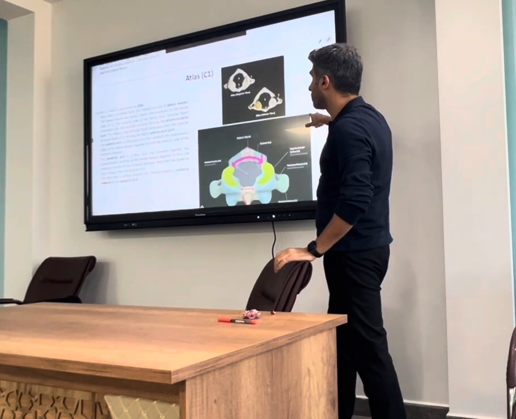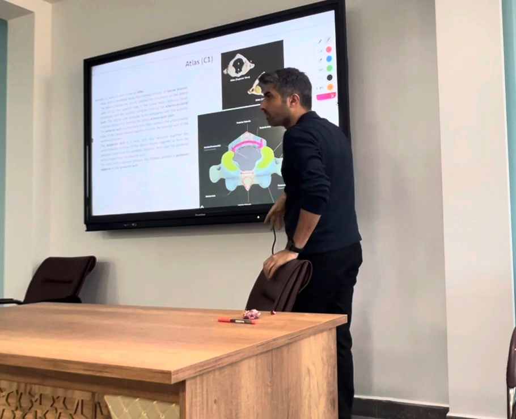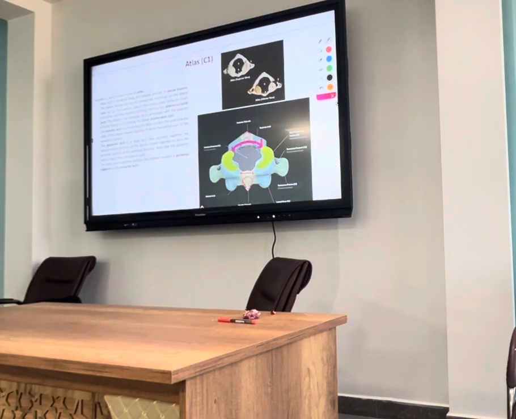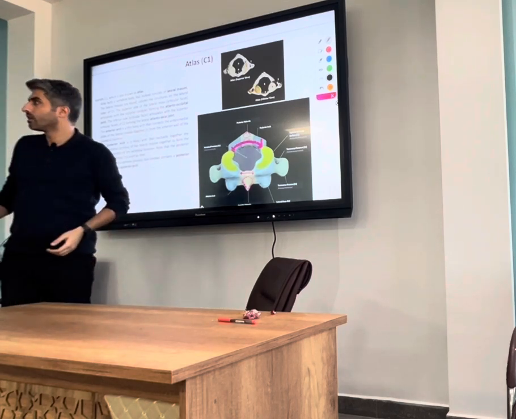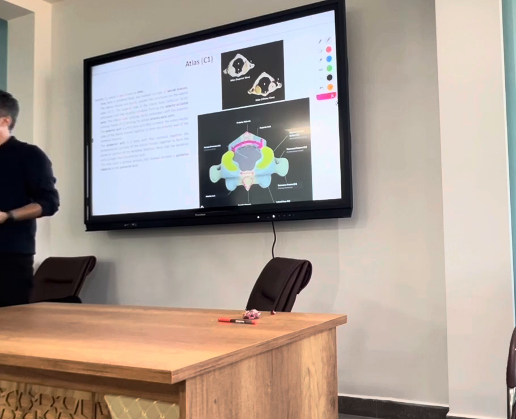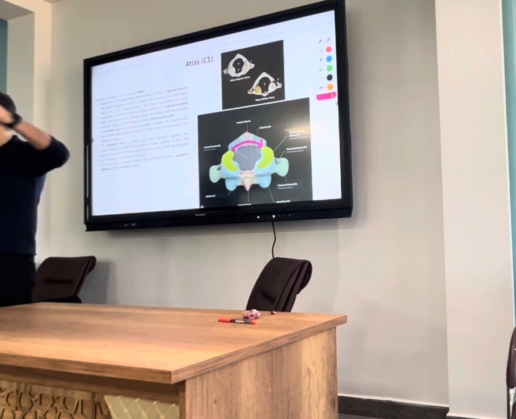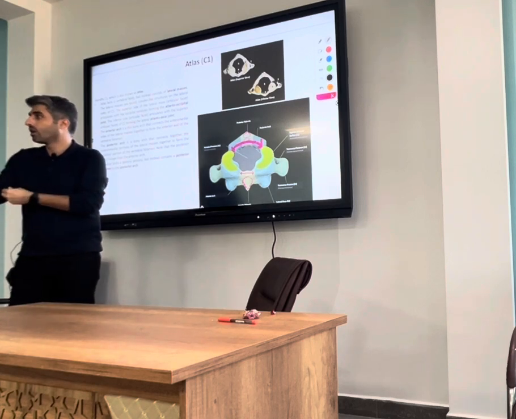Look at C1. Why is it not normal? Look at the shape. What is the problem? Very good. No body. Where is the body? No spinous process. It just has two transverse processes. So it's not normal, atypical.